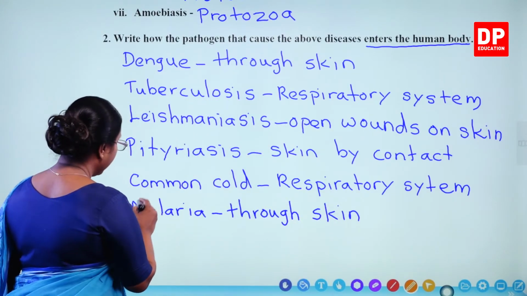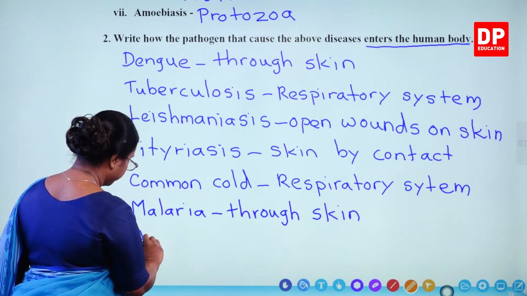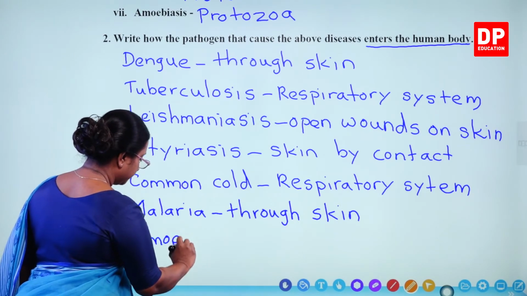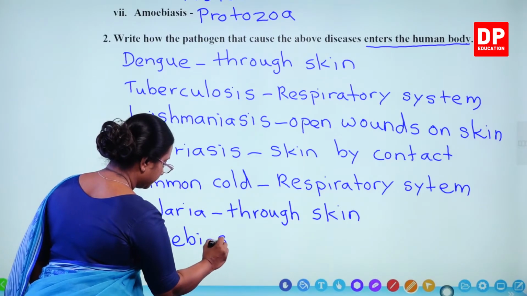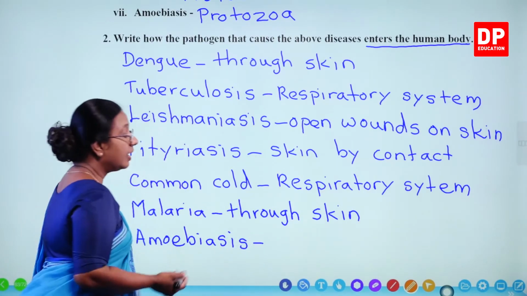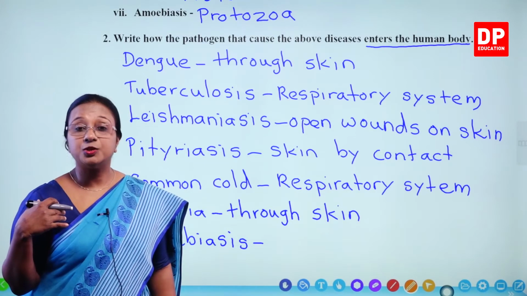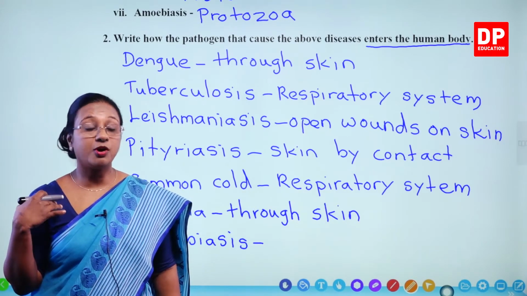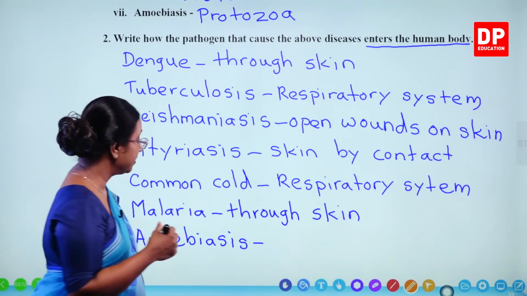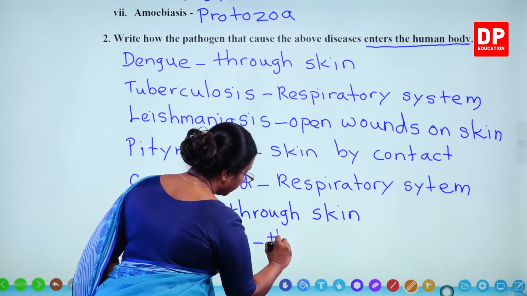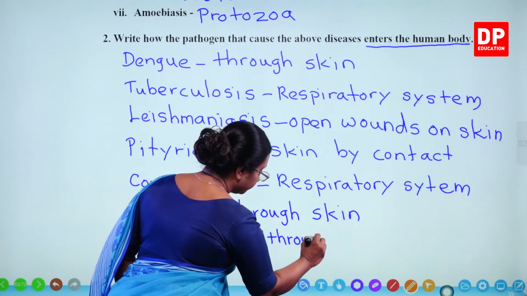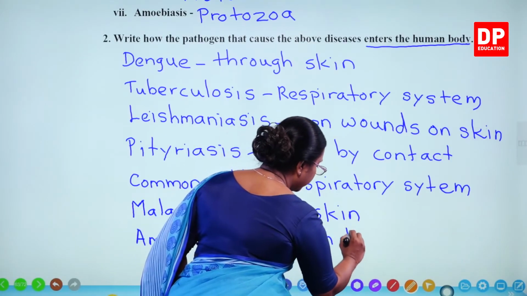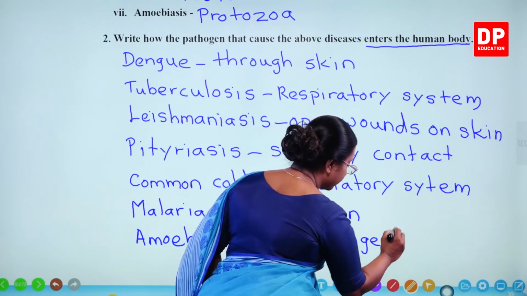And finally, amoebiasis. Amoebiasis is related to the digestive system. So it enters through the mouth, or you can say through the digestive system.